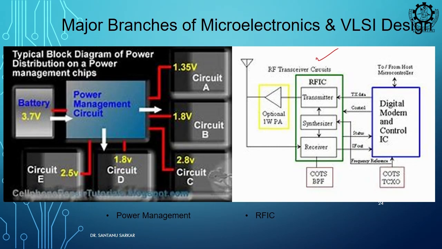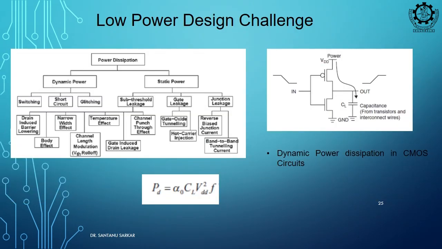Sometimes we have several gyroscopes, accelerometers, so many things. So, this smartphone is a complete example of having all the major branches. So, this shows us the different components of power dissipation. This is the main theme of our subject.